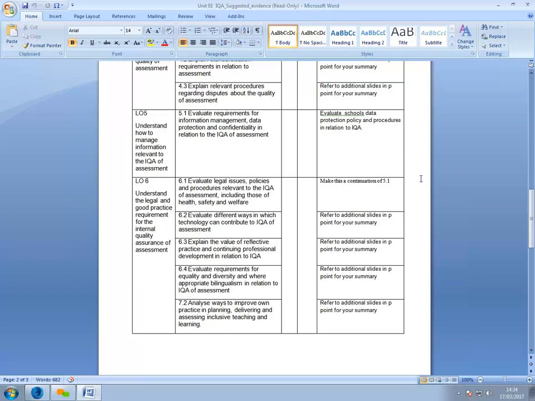Evaluate different ways in which technology can contribute to the IQA of assessment. I'm in my 70s now. I'm not a technophile, but I'm not technical either. I use technology.